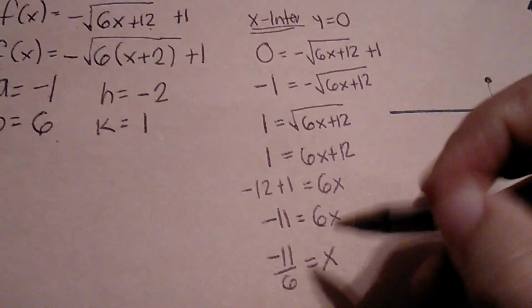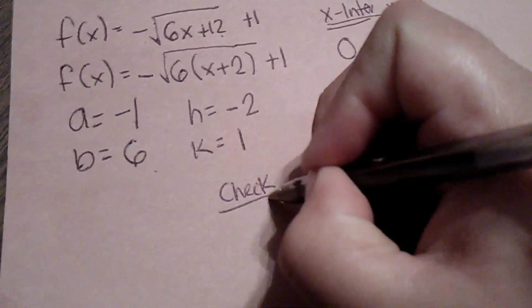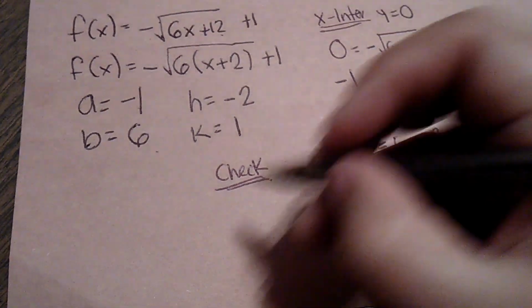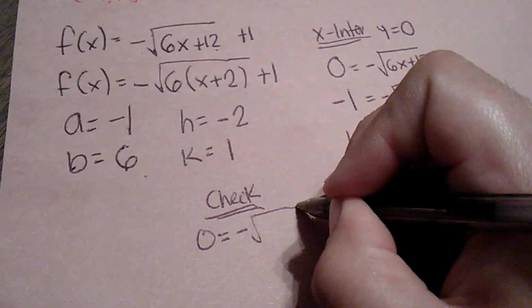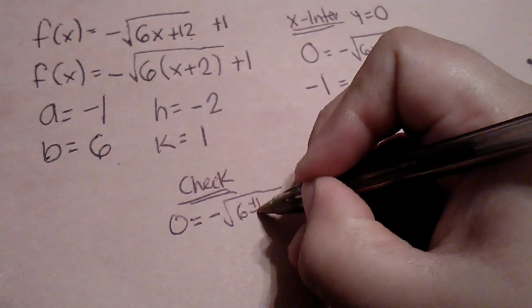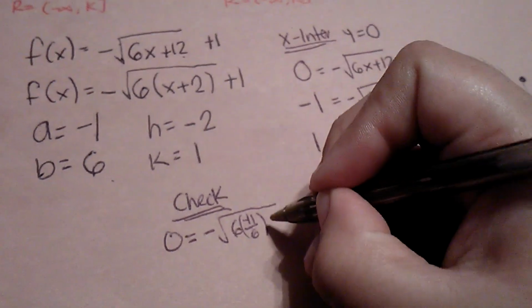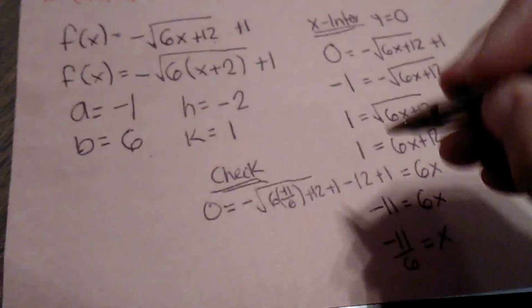Remember to check your answer. I'm going to do it here. Check. So it's going to be 0 equals minus radical of 6 times minus 11 over 6, plus 12, plus 1.